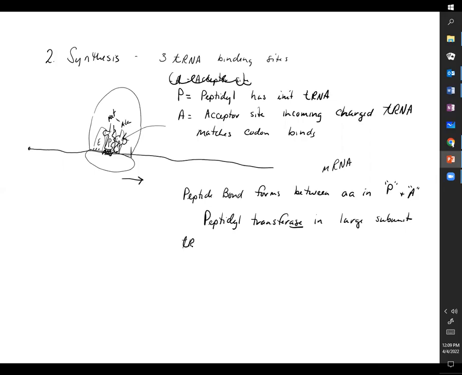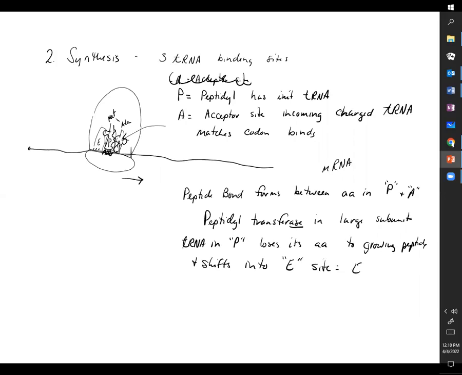So the transfer RNA in P loses its amino acid to the growing peptide. And it shifts into the E site.